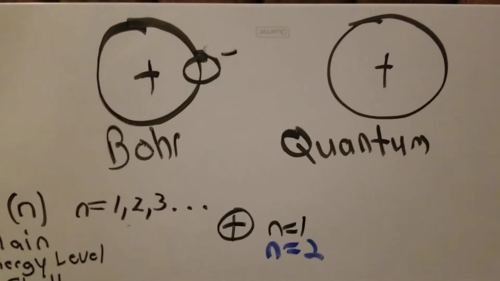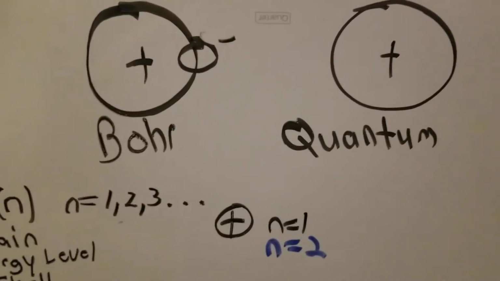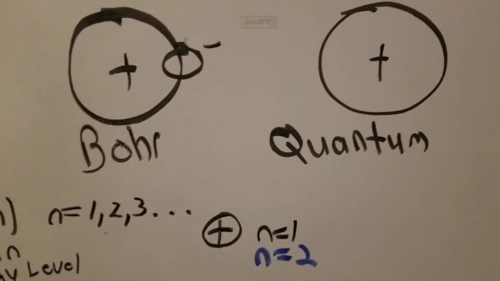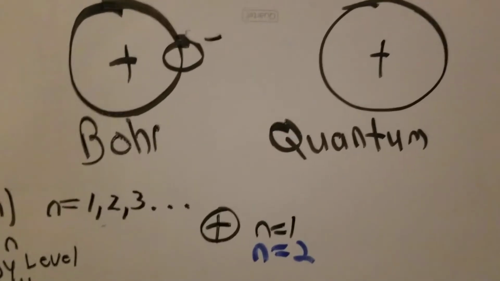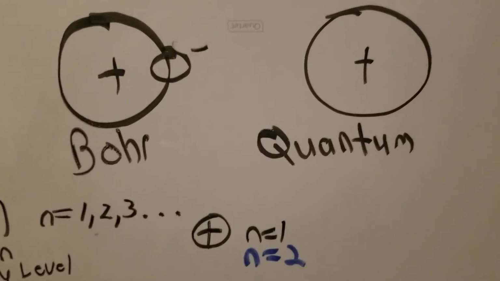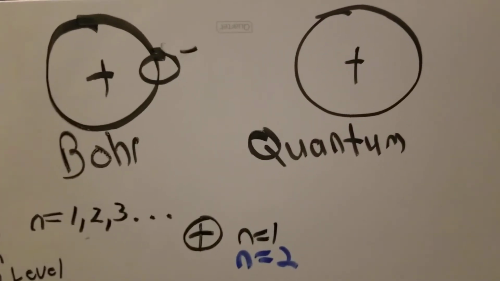The more current model, called the quantum mechanic model of the electronic structure of the atom, tells us that we cannot know the exact place or speed of the electron at the same time. We can't really know exactly where it is at any given time.